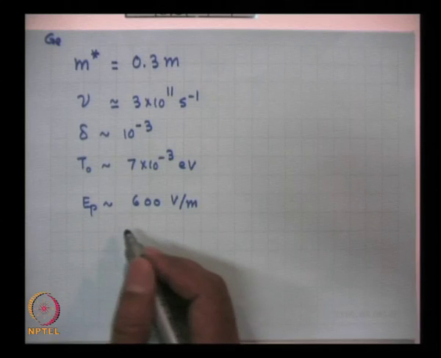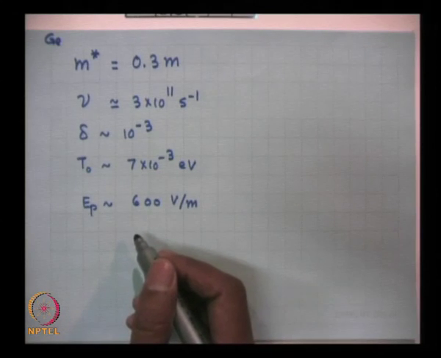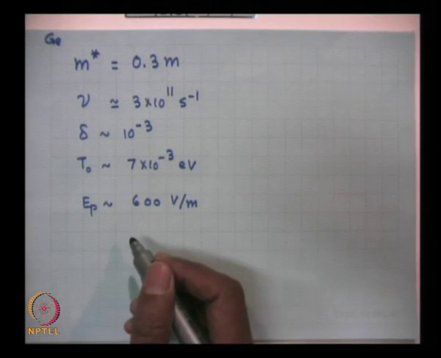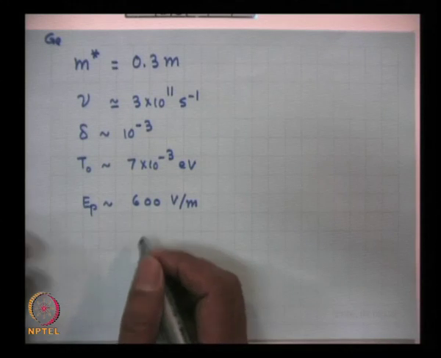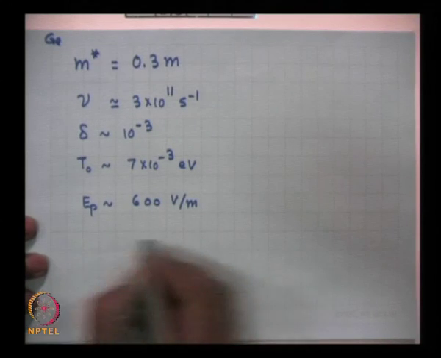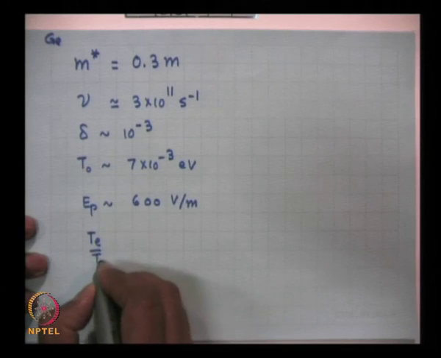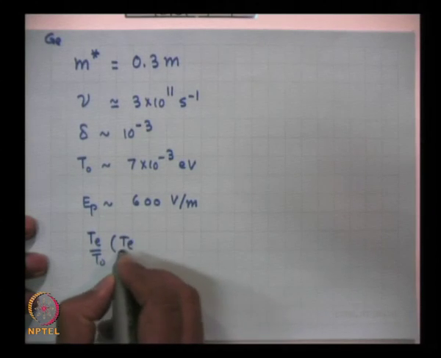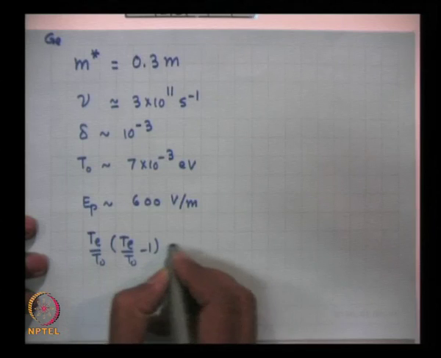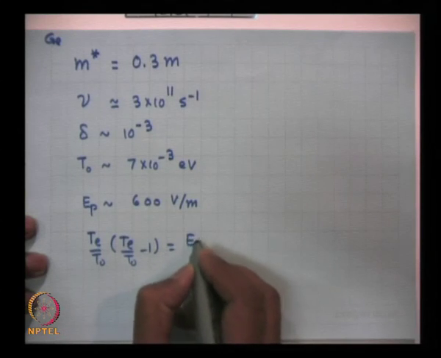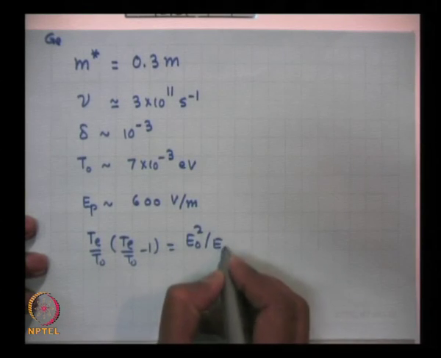You will be able to achieve this condition, and hence the electrons will acquire a temperature higher than the temperature of the lattice. Now, what is the solution of this equation? The equation was Te upon T0 into Te upon T0 minus 1 is equal to E0 square upon EP square.